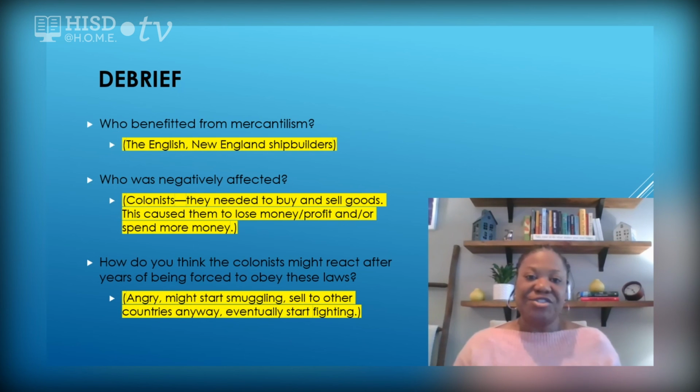You're trying to survive here in the 13 colonies. You're probably going to start thinking of other options to make money and survive economically. Eventually, this is going to start a fight, and in our next lessons, we will look at what happens with this response.